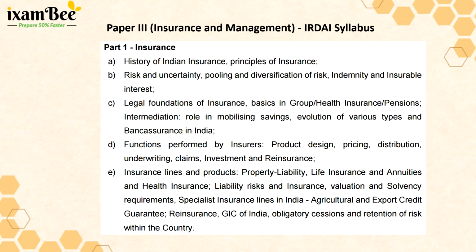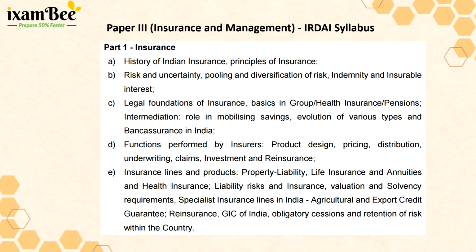Talking about the paper 3 syllabus, the insurance part covers 5 main topics. Topic 1 is history of Indian insurance and principles. Topic 2, which is risk, uncertainty, pooling, indemnity.